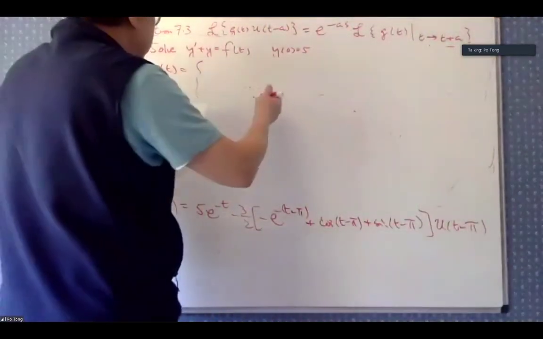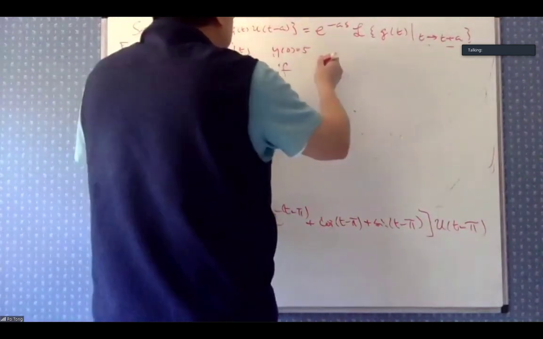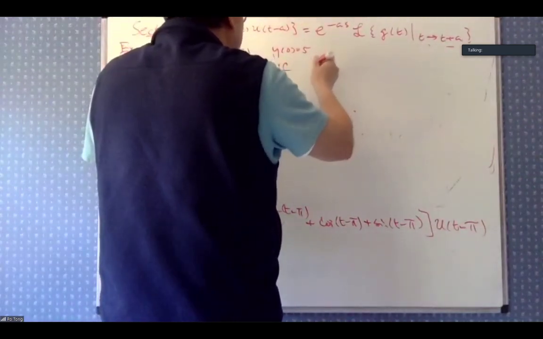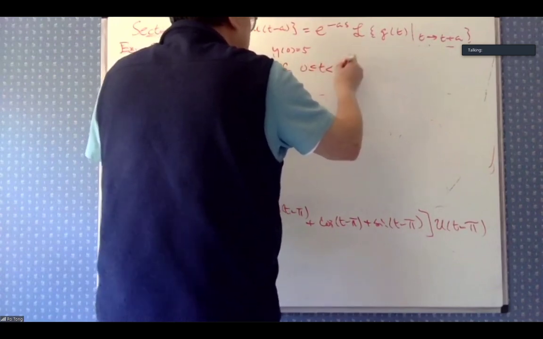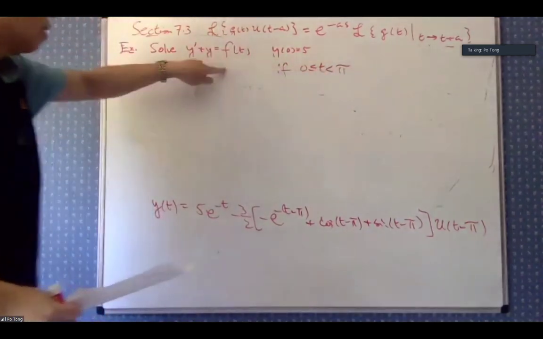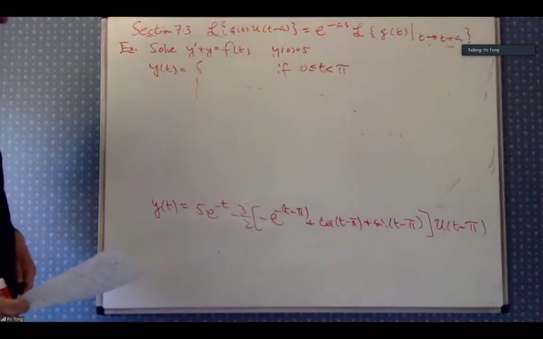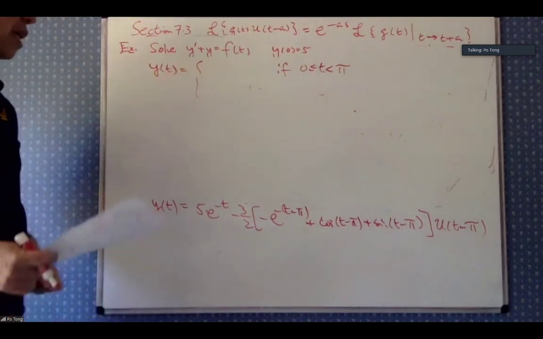For time before t equal to pi, what is this function?